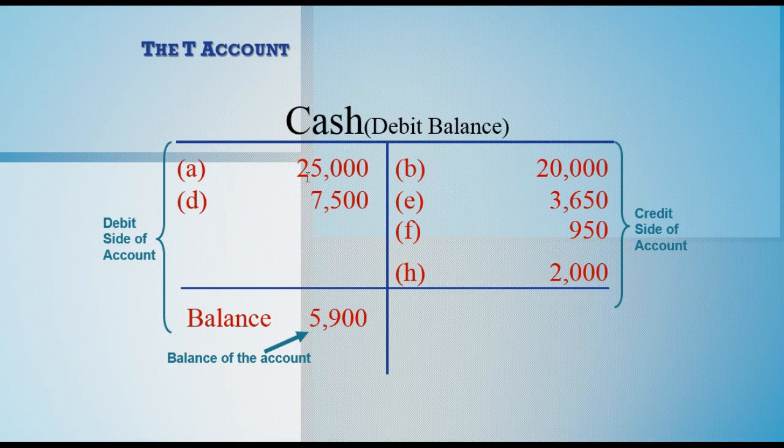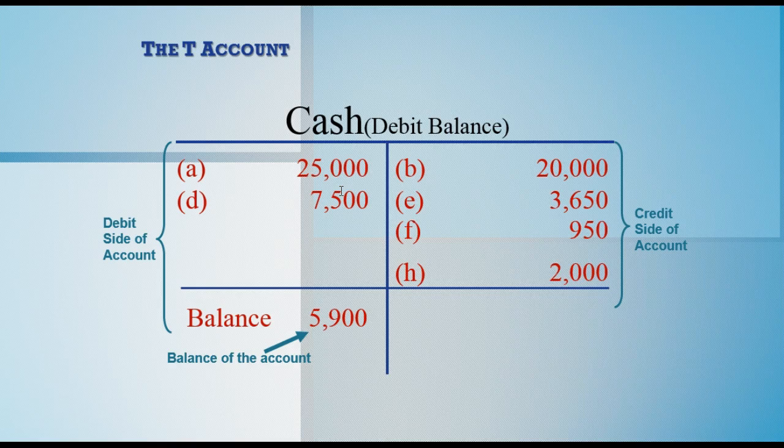So, let's follow these transactions that show up here. A was the owner's initial investment, so we have increased the cash by $25,000. B was when the owner bought land and paid a check for it, and that subtracts from it. So at this point right here, there's only $5,000 in this account. Now D, they added $7,500. I would say that was probably revenues.